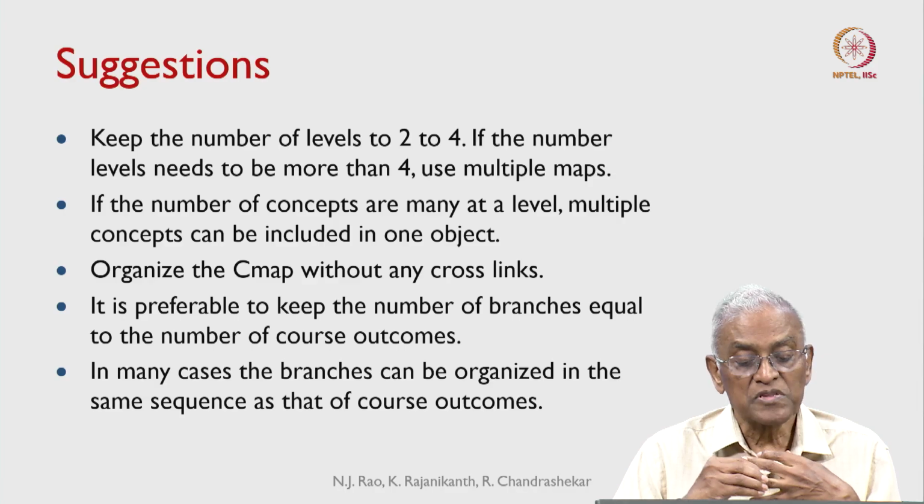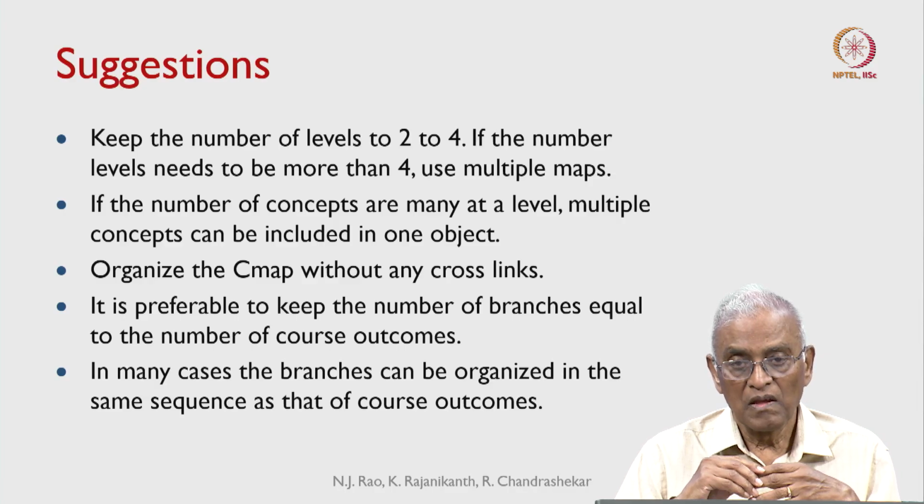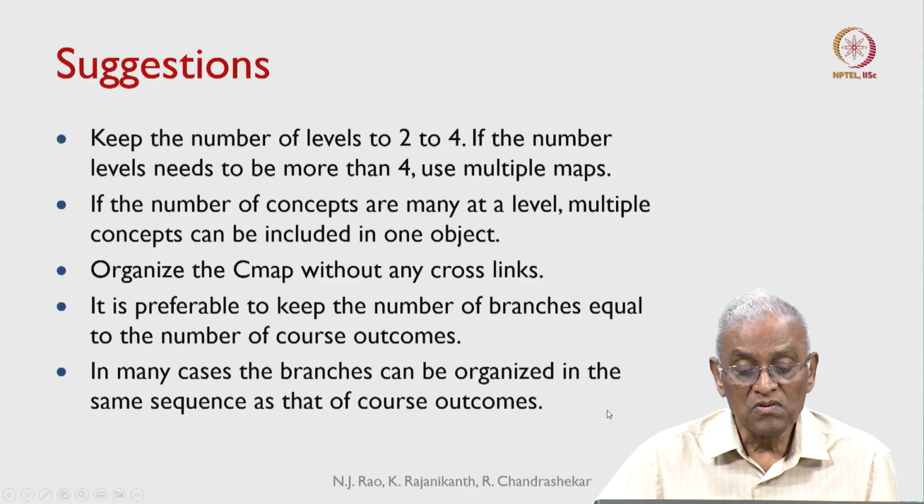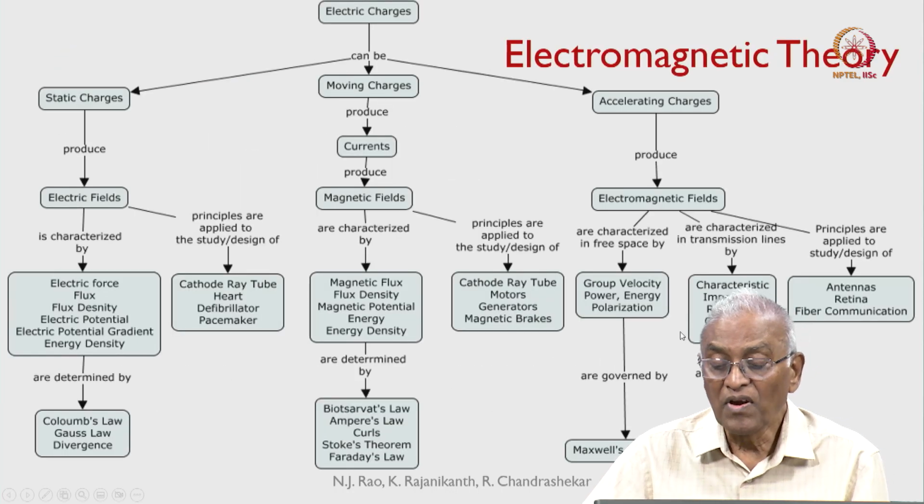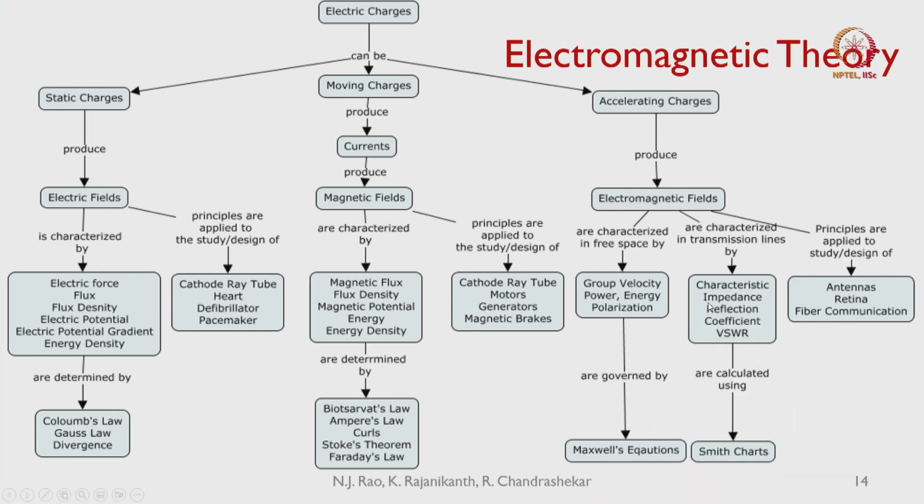Organize the Cmap without any cross links. What it means is, let me go back to this map. If I draw the map in such a way that when I am dealing with this, I have to somehow link it to this all the way here into the first branch, then what happens, you will get cross lines, and then it will be very confusing.